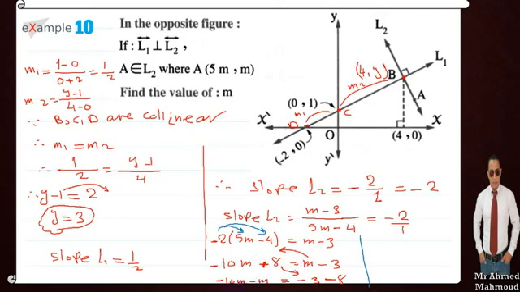Negative 10m minus m equals negative 11m, equal to negative 3 minus 8 equals negative 11. Cancel negative with negative, then m equals 11 divided by 11, which is equal to 1. Okay, then m equals 1.